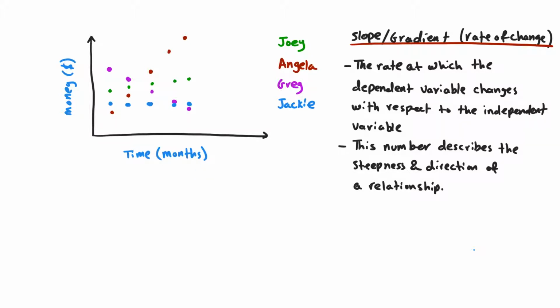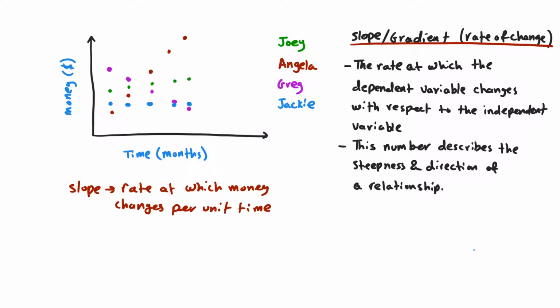So in this particular example, our slope will help us figure out what is the rate at which money changes per unit time, or how much money these individuals are gaining or losing every month, because our unit of time over here is a month.